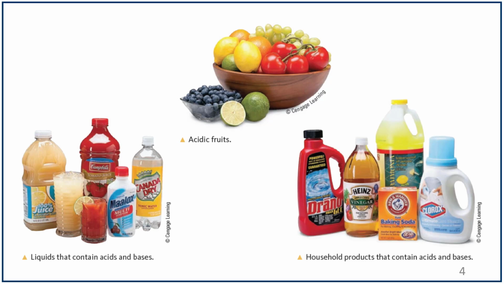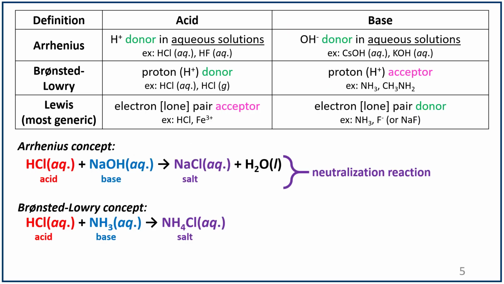Now, when chemists define acids and bases, there are actually three definitions that they go by. The Arrhenius definition is what you most likely learned in high school, and I think that's what we looked at last semester. In an Arrhenius acid, you have a species which is donating an H+ in solution. I have to stress it has to be in an aqueous solution.